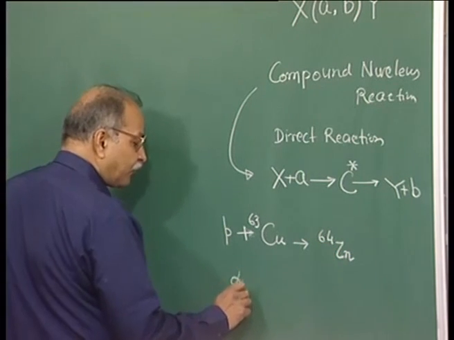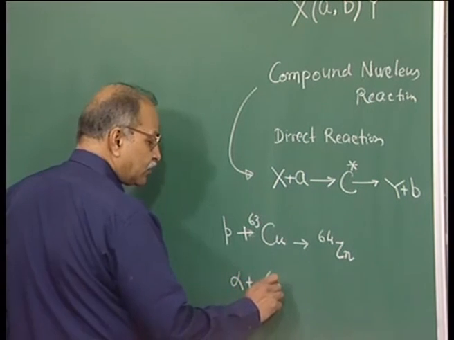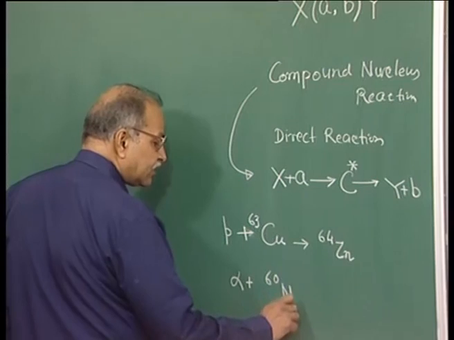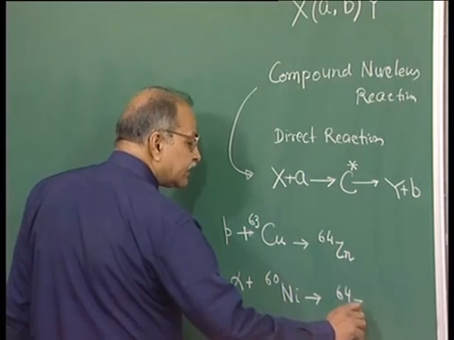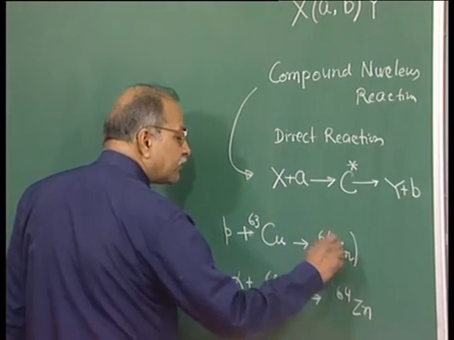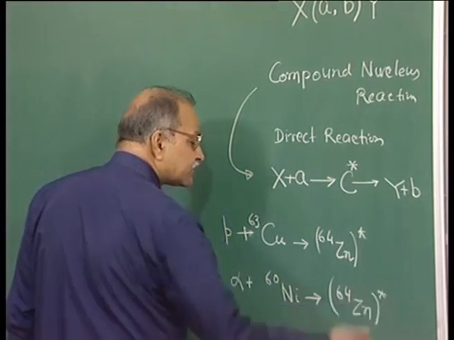Another way in which it can happen is that an alpha particle can go on nickel-60, and that will also form zinc-64. This is the compound nucleus, which will finally decay to something else.